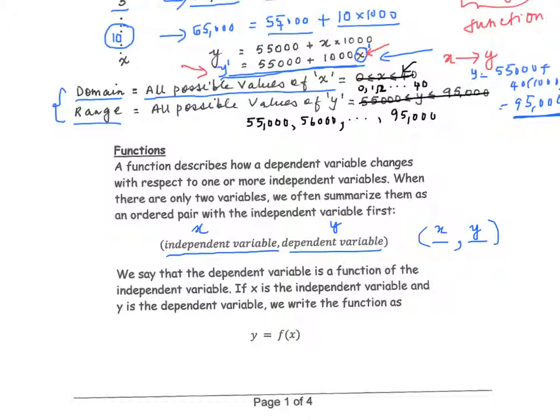Now, the notation that we use for a function is y equals f of x. You must have come across this notation in an algebra class. So if we plug in a value of x into the function, we get a value for y, and this is the representation of the function.